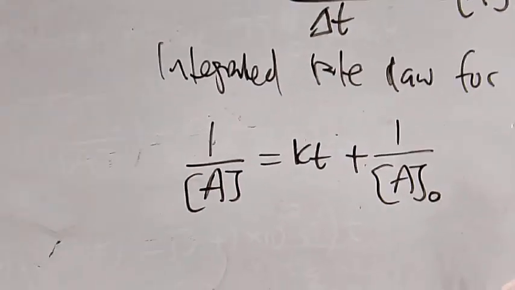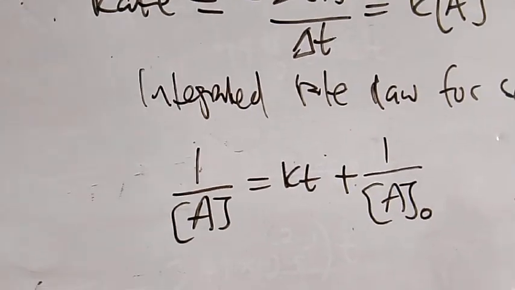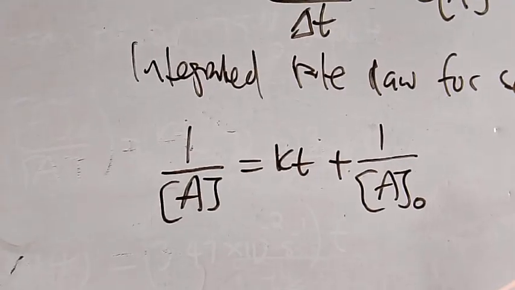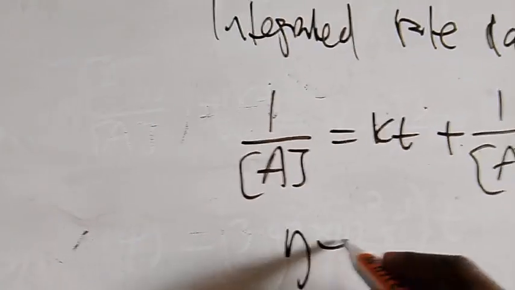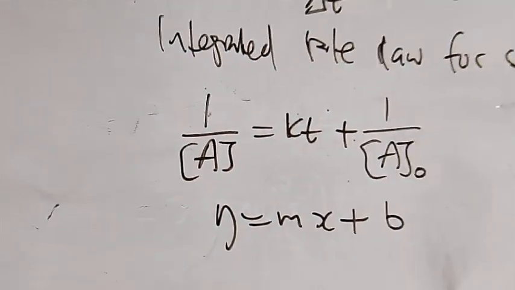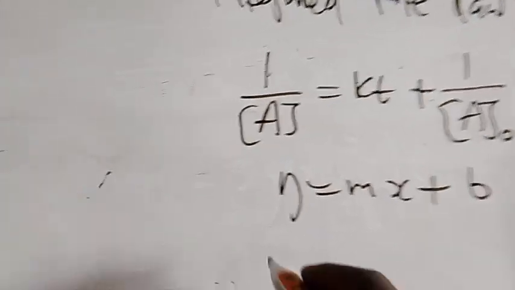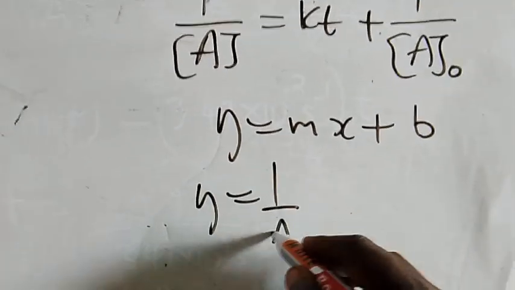This is the integrated rate law for a second order reaction. We can see clearly that this rate law is of the form y is equal to mx plus b. In this case, our y is equal to 1 over A.